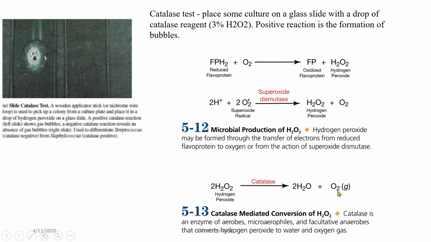So this is a positive reaction for catalase. It is important in bacteria that grow in aerobic conditions because utilization of oxygen actually produces hydrogen peroxide, which has to be reduced to less lethal forms of water and oxygen.